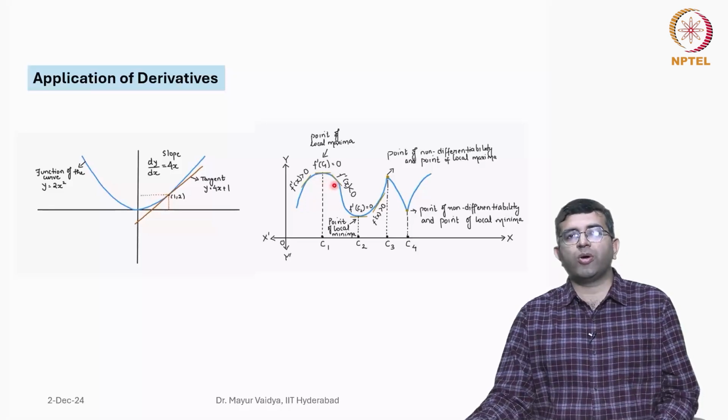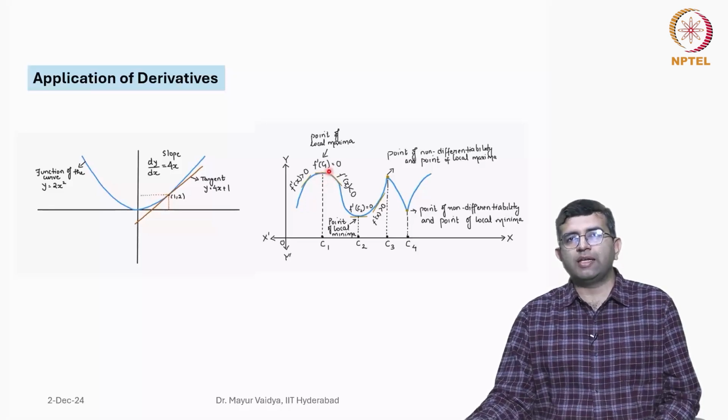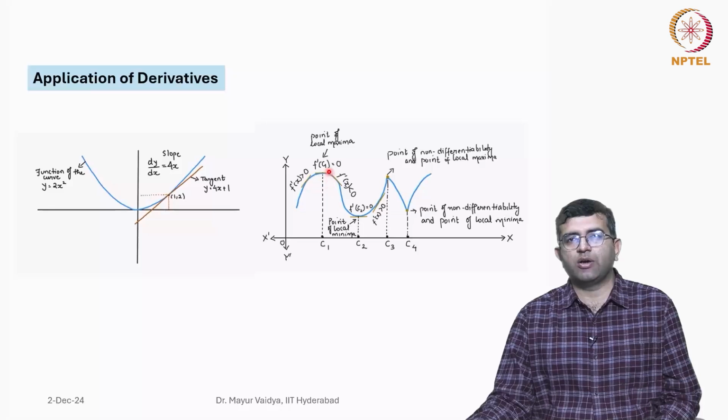Wherever the slope of the tangent is 0, that is a point of a local maxima or a local minima. So, you can see here, for example, in this curve, at this position the slope of the tangent is 0, f dash at C1 is 0. Similarly, f dash at C2 is also equal to 0. So, these points are either minima or maxima.